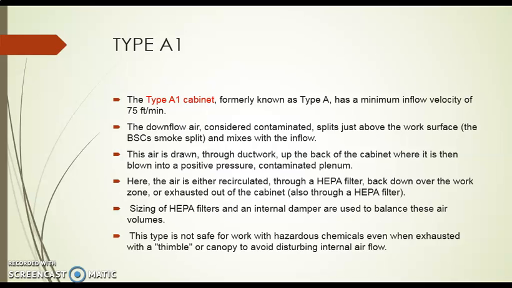This air is drawn through the ductwork up the back of the cabinet, where it is blown into a positive pressure contaminated plenum. Here, the air is either recirculated through the HEPA filter or exhausted out of the cabinet. Sizing of the HEPA filter and the internal damper are used to balance these air volumes. And this type is not safe for work with hazardous chemicals, even when exhausted with a thimble or canopy, to avoid disturbing the internal airflow.